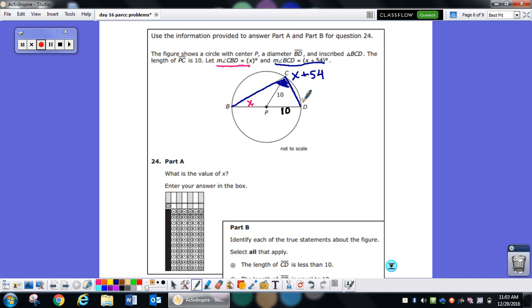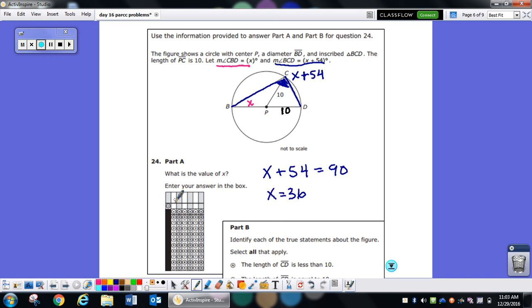Okay, so we know a couple things. That angle is going to be 90 degrees because angle BCD makes a 180 degree arc, and it's inscribed, so half of 180 is 90. So we know that x plus 54 has to equal 90, and if we solve for x, you get 36.